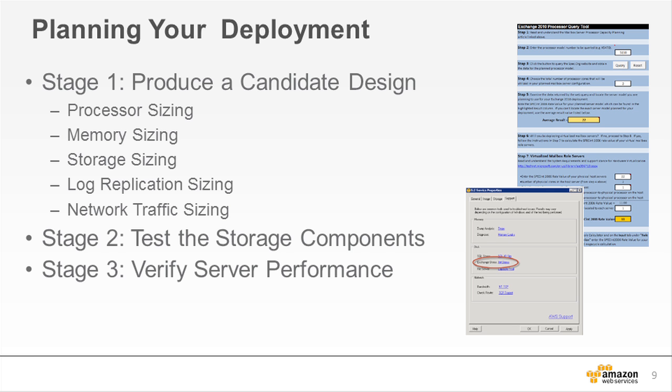So processor sizing, memory sizing, storage sizing, log replication sizing, network sizing, all these are pieces that you would work through in the context of the role requirements calculator, and where you plug in the values that you need.